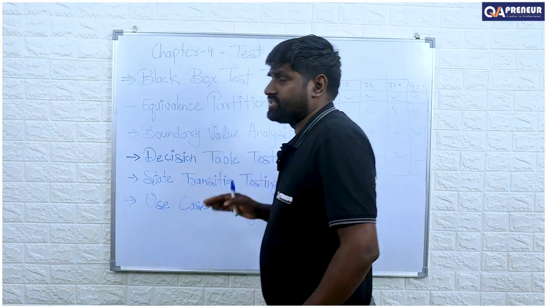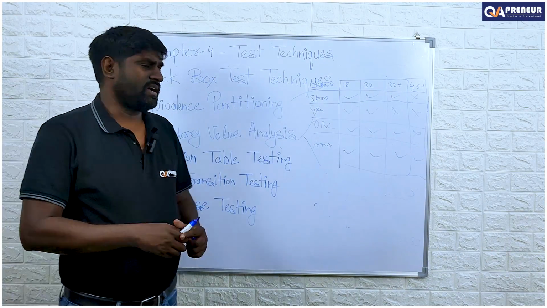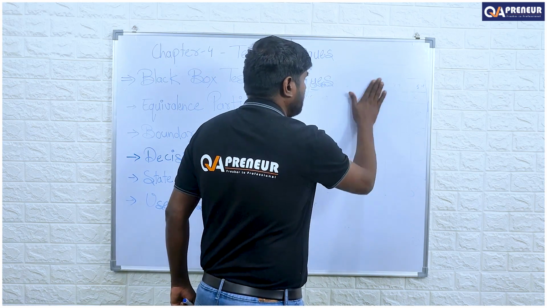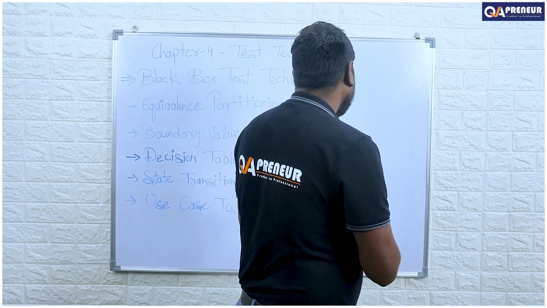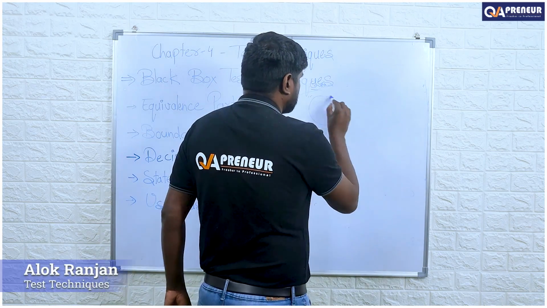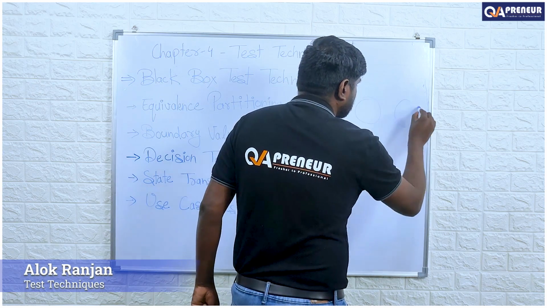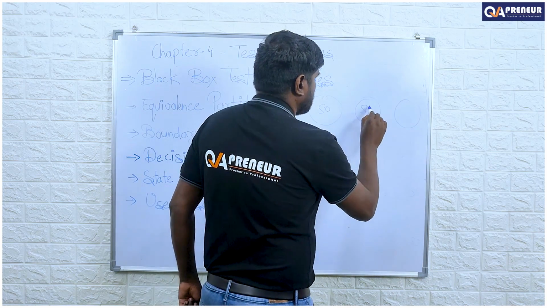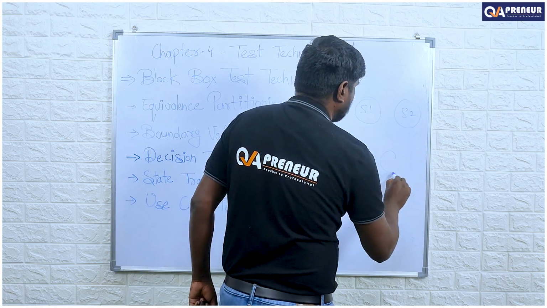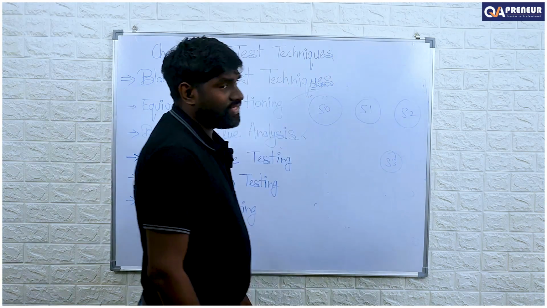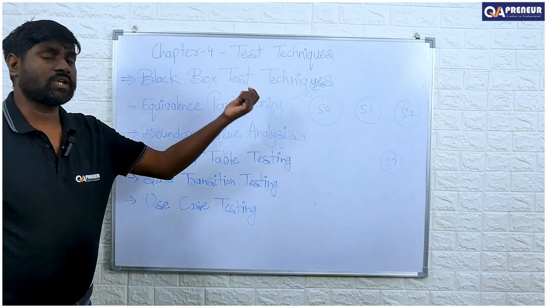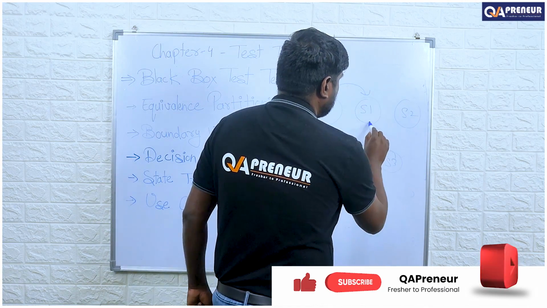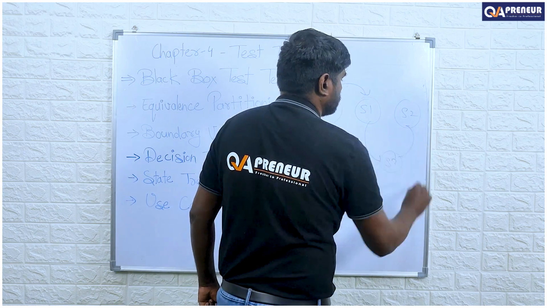Now coming to the state transition testing technique. To understand it, let's take a basic example. Let's say in any project there is a certain stage. Let's start from S0, S1 and S2, and the final is S3, and there is a sequence. Let's say first we go to S1, then S3, then S2.